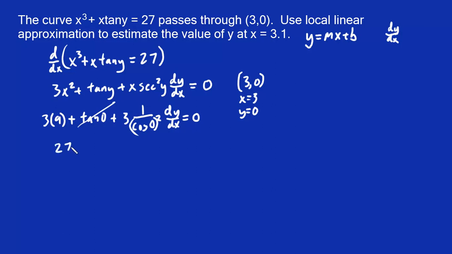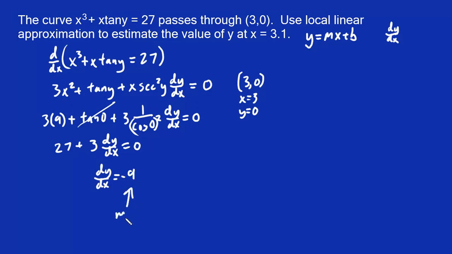So we get 27 plus 3 over cosine 0 squared. Cosine of 0 is 1, and 1 squared is 1, so this is just 3 dy/dx equals 0. We subtract the 27 to the other side and divide by 3, so dy/dx is equal to negative 9.